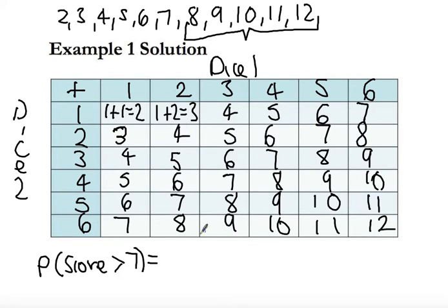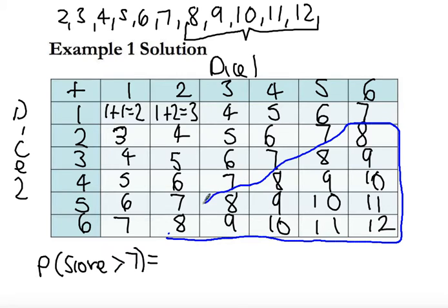Now, looking in my table, I want to find the scores which are greater than 7. So I can just highlight, and I can do this on this table because I'm just being asked one question. I'm looking at all of these values here in this corner. So actually, just counting 1, 2, 3, 4, 5, 6, 7, 8, 9, 10, 11, 12, 13, 14, 15.